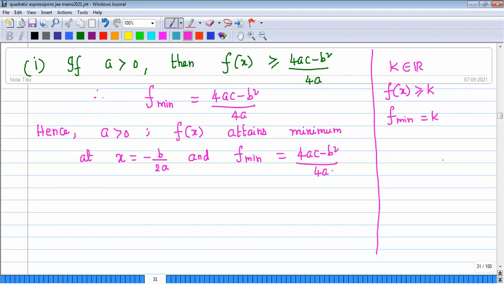So we have concluded. Now let us go for the second case.